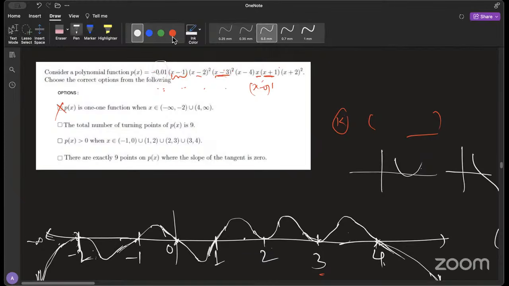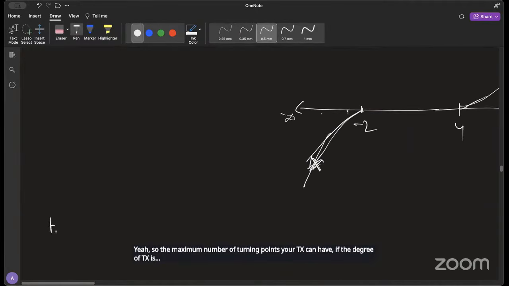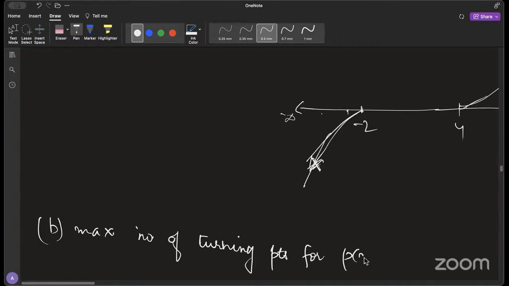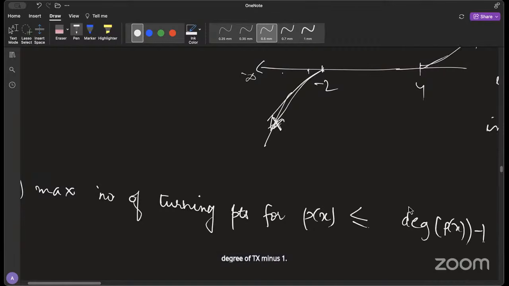So the maximum number of turning points your p(x) can have, if the degree of p(x) is n, the maximum number of turning points for p(x) is less than or equal to the degree of p(x) minus 1, right?